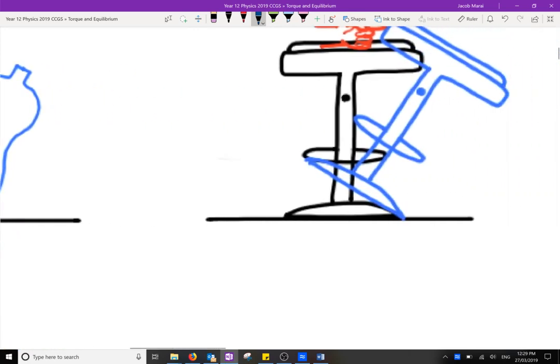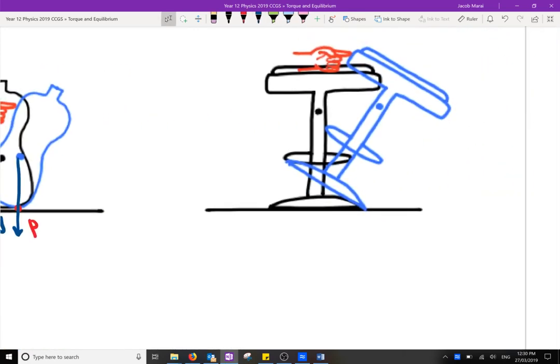This poor little guy, again, we've now got a scenario where the weight force produces from the pivot a torque on the other side of the pivot, and so the torque has changed direction. Before, it would fall back to its base because the weight produced an anti-clockwise moment.